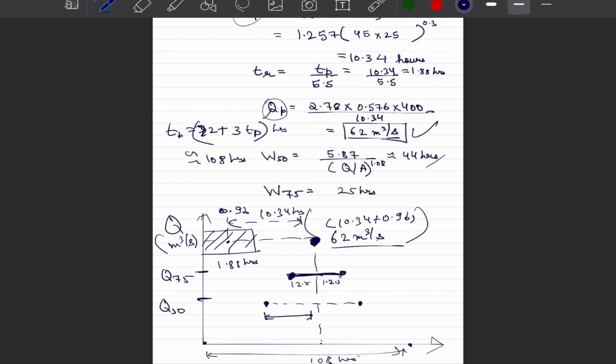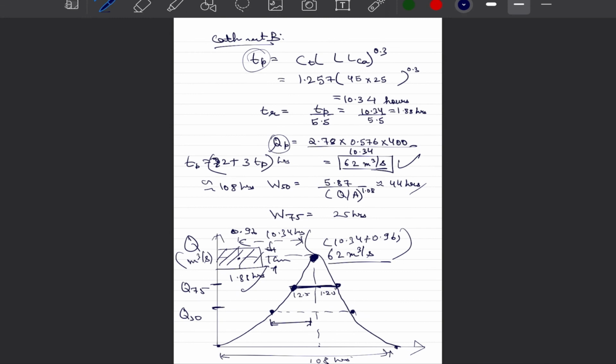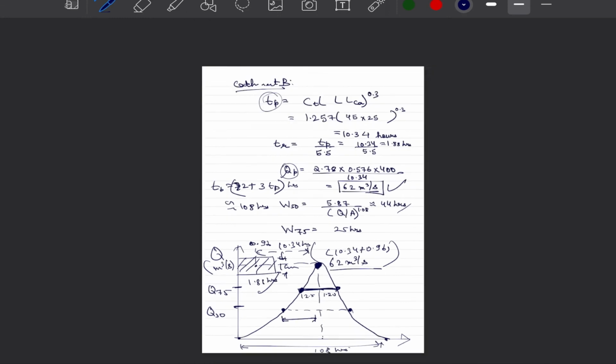Now we have obtained around 6 points, and we will join them using a smooth curve, and we have obtained the ordinates of a unit hydrograph, and this is unit, that means this is 1 centimeter, a synthetically generated unit hydrograph for another watershed without even going there, using the data set from one of the watersheds which was accessible.